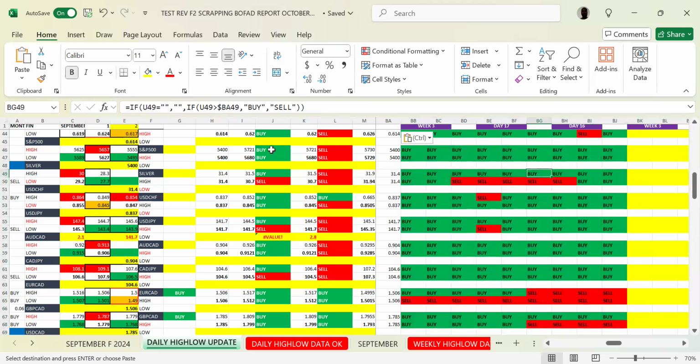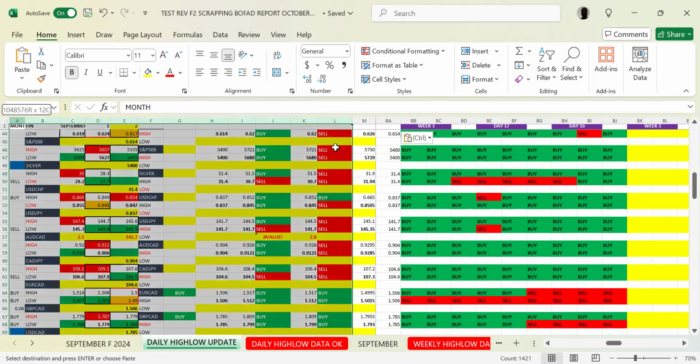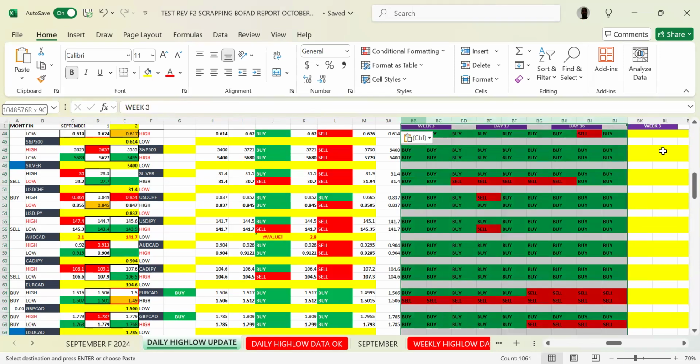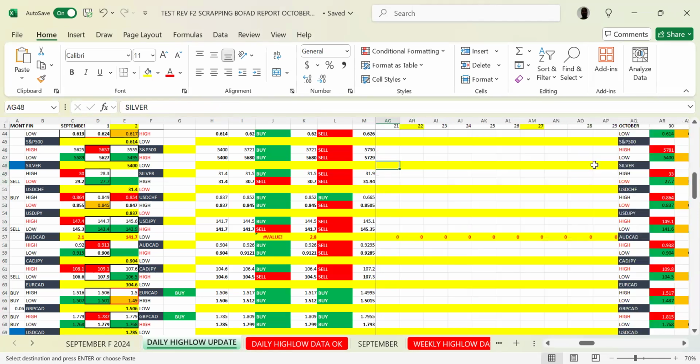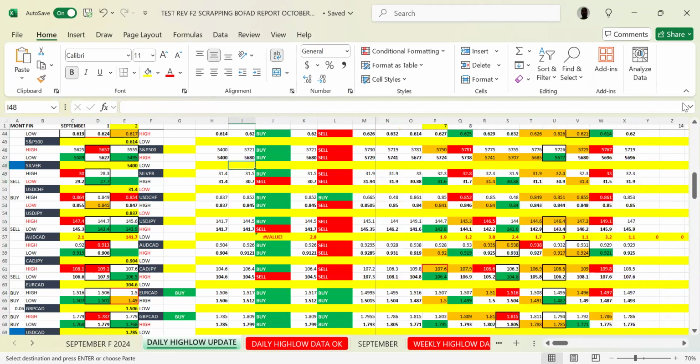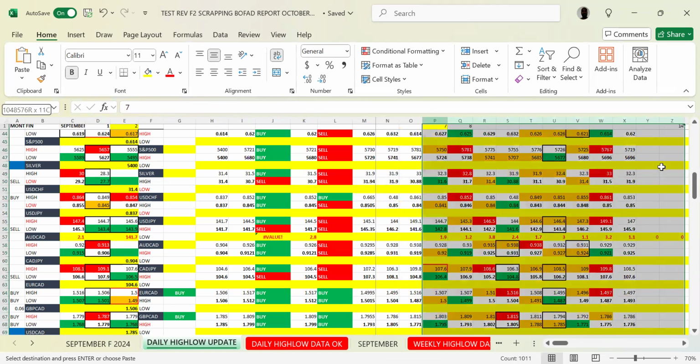So here you can see on the left side of this sheet, you can see data, and on the right side here, you can see the decisions, okay? These decisions are based on the updates, which are the information that is here.